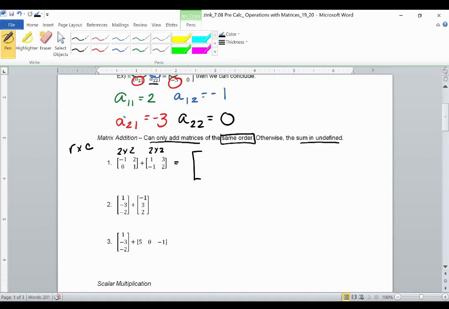So to add matrices, you're going to add your row 1, column 1 to row 1, column 1. So -1 plus 1.